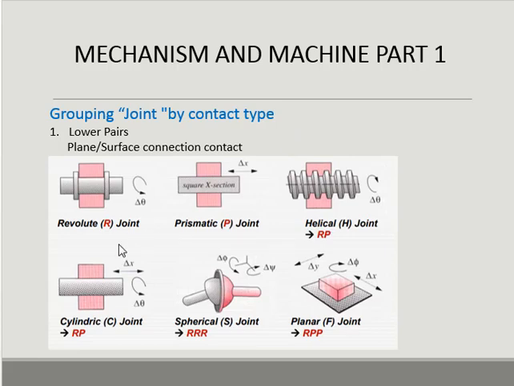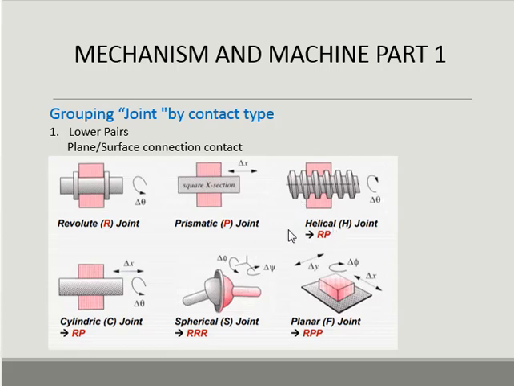This is an example of a lower pair. This is a revolute joint, which has a rotation motion. And the second is the prismatic joint. It has a linear motion along the x-axis.